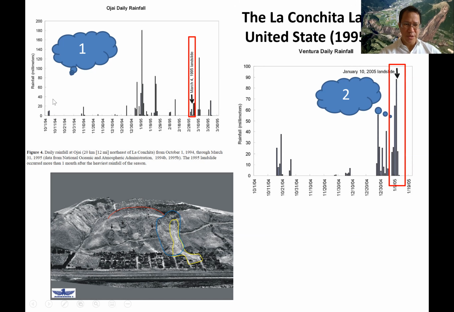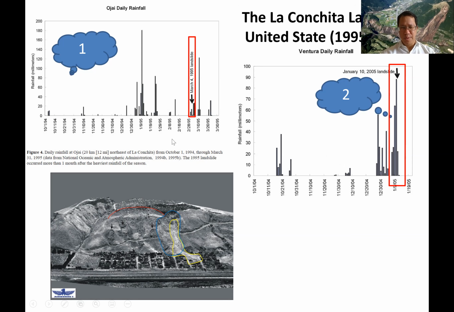Comparing to the second event, on the day that the landslide occurred, the precipitation was very high compared to previous days, and then it slid.